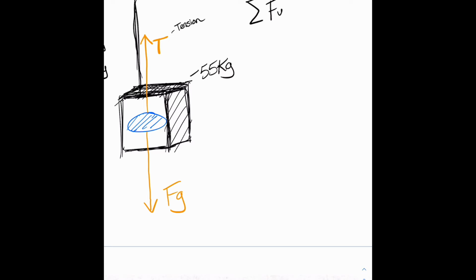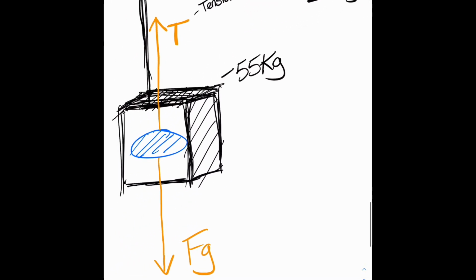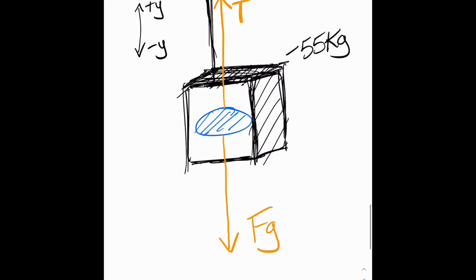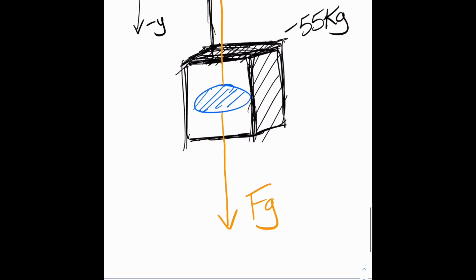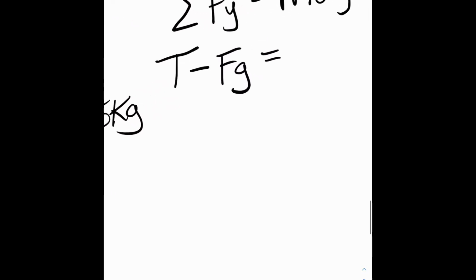Sigma Fy equals may. Our positive y force, which should be apparent, points up, is tension, and our negative y force is force gravity, and it points down. So let's go ahead and write that. Tension will get the positive sign, and force gravity will get the negative sign. You might say, well, if we summed it, why are you subtracting it, right?